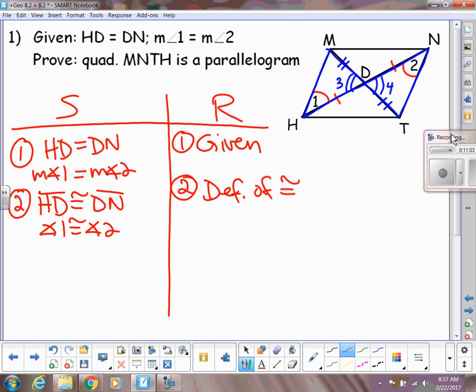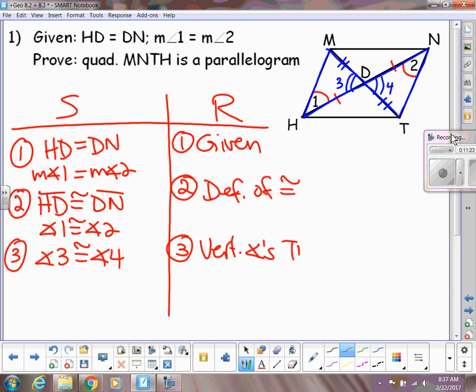Okay. Then we also said, when we were going through that, that 3 and 4 were congruent because those were vertical angles. And that's a theorem.